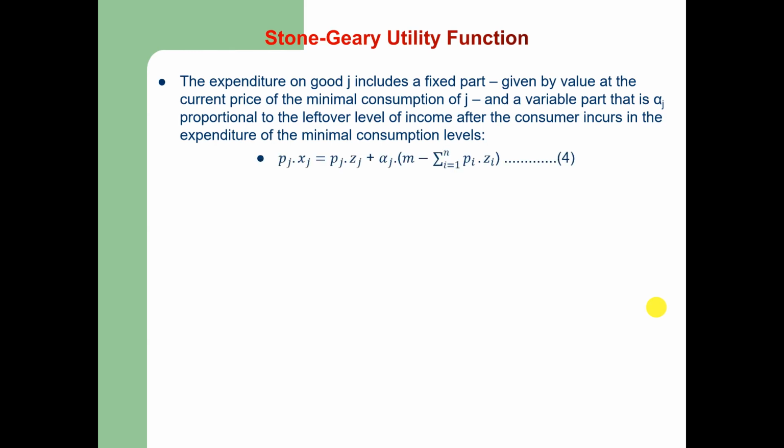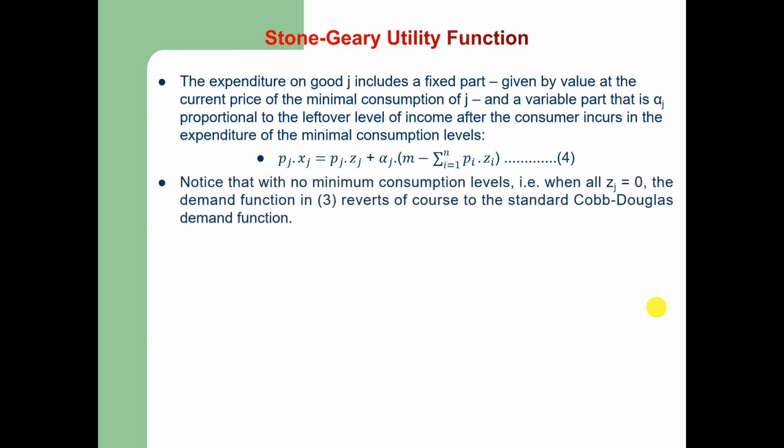So we have pj xj, that is the consumption expenditure on xj, and that is equal to pj zj plus alpha j times (m minus summation i varies from 1 to n pi zi).